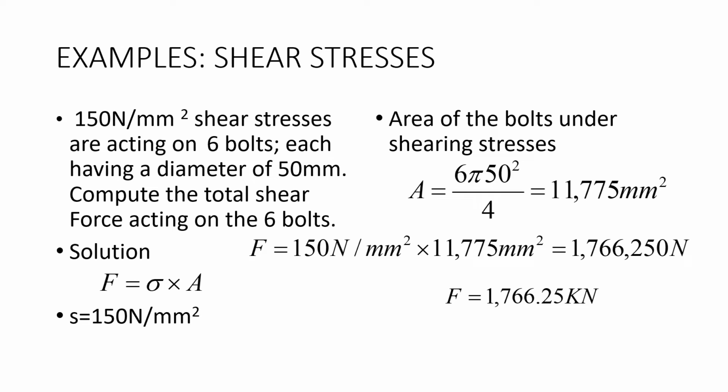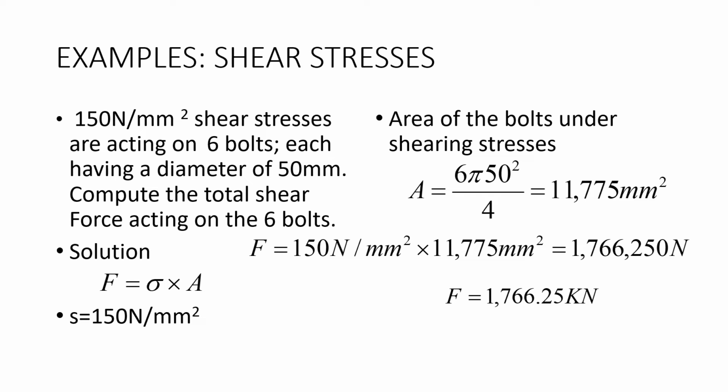Example, shear stresses. For example, you have 150 Newton per millimeter squared of shear stresses acting on 6 bolts, each having a diameter of 50 millimeters. Compute the total shear force acting on the 6 bolts. Solution: force is equal to stress times area. Stress is 150 Newton per millimeter squared.